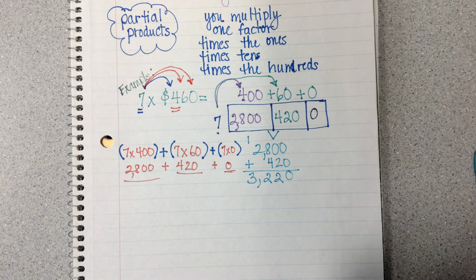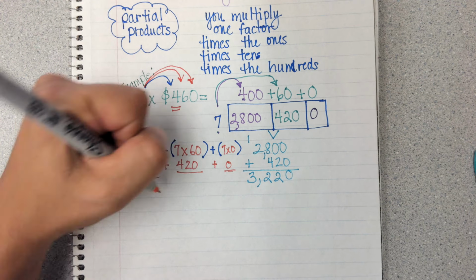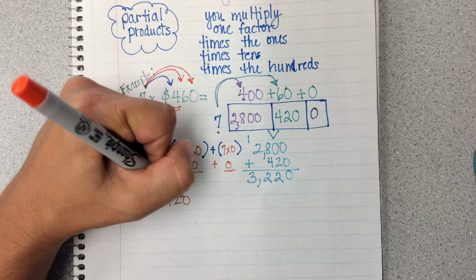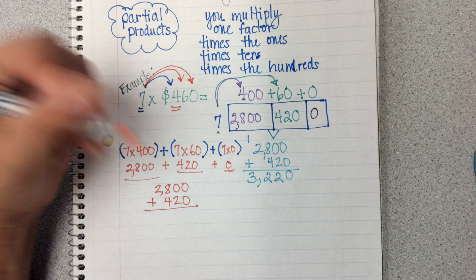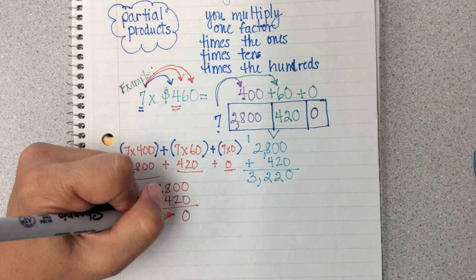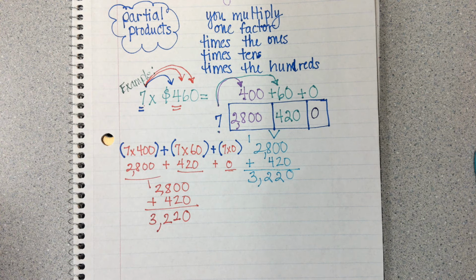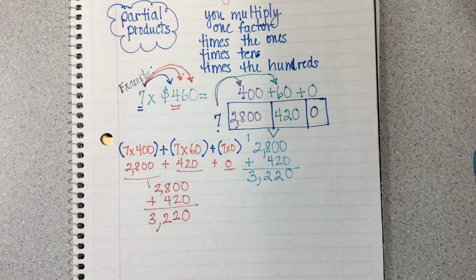Okay, final step. You will line up your numbers so that you can add them up without making any mistakes. Perfect. I always feel better after I have solved a math problem 2 different ways.